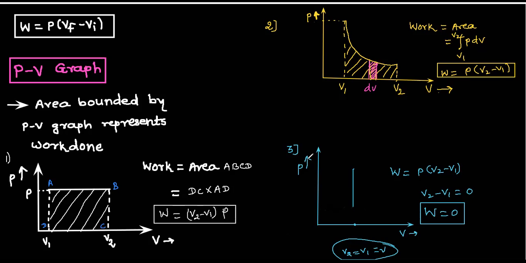If a graph like this is there, or if you draw just this, that is enough. No need for that much. You will understand: a straight line parallel to the pressure axis. Yes, got it? Understood? So let's move ahead and see the next graph.